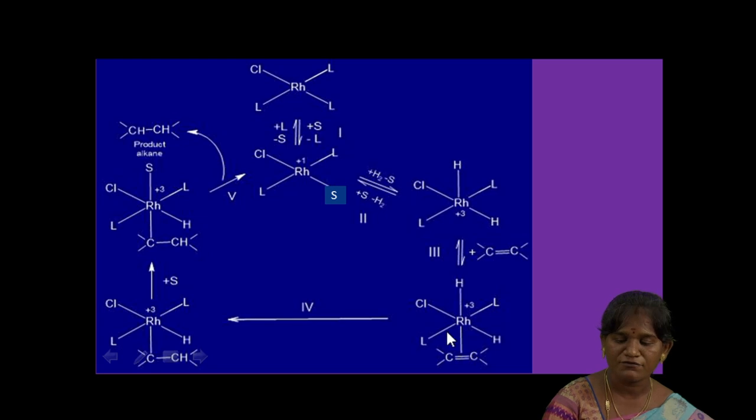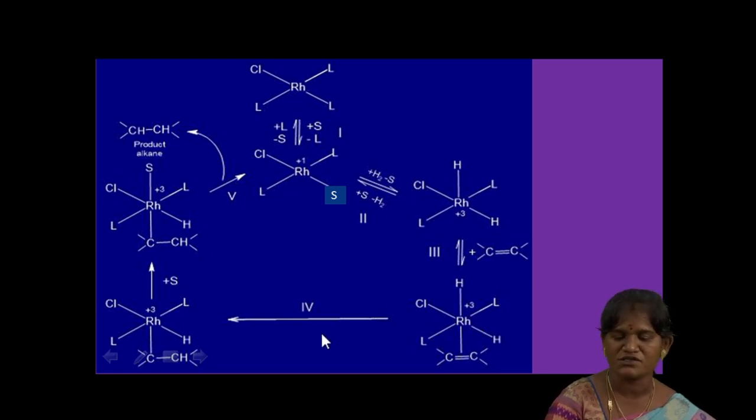The second role of rhodium is that it brings the olefin carbon atom and the hydrogen atom into close proximity. These two are the major roles of the rhodium metal.